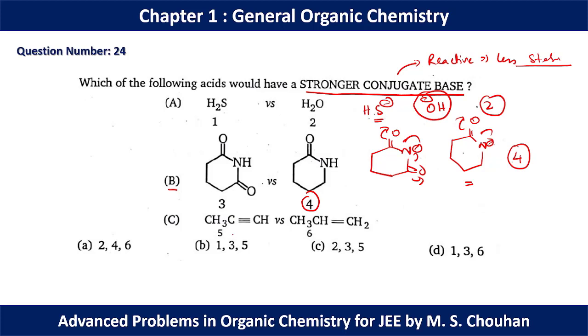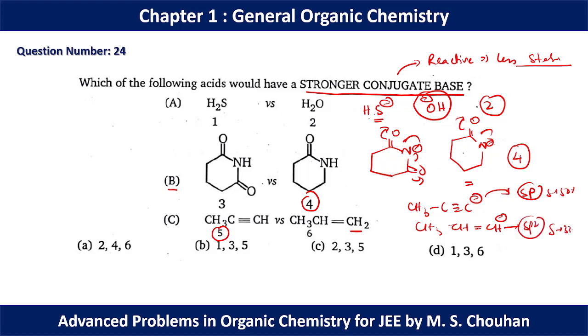Now if we compare between 5 and 6, in molecule 5 the conjugate base will look like this: CH3 C triple bond C minus, and in this case it will look like CH3 C double bond CH minus. Here the negative charge is on an sp carbon, where the s character is 50%, and here the negative charge is on an sp2 carbon, where the s character is 33.33%.